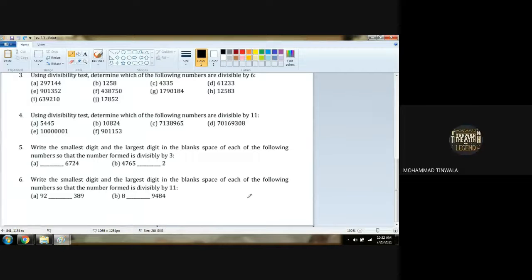Write the smallest digit and the largest digit in the blank space of each of the following numbers so that the number formed is divisible by 11. Now when is a number divisible by 11? When odd places are added and even places are added, and we get the difference as 0 or 11. Right or wrong? Yes, sir.